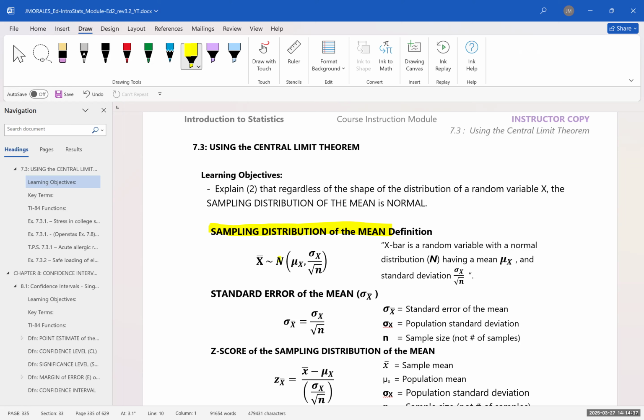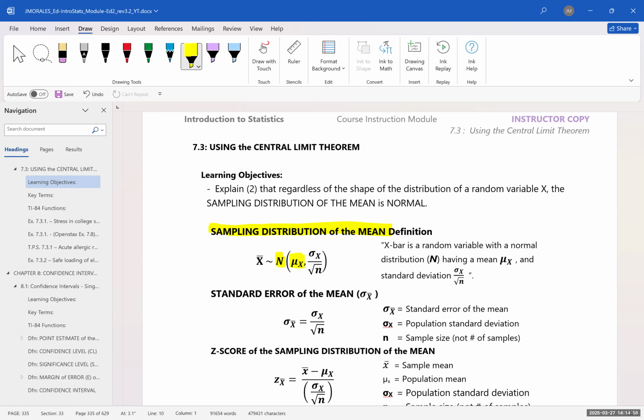And that distribution is normally distributed. That distribution will have its own mean, its own average. So it's a mean of means that will be equal to the population mean.